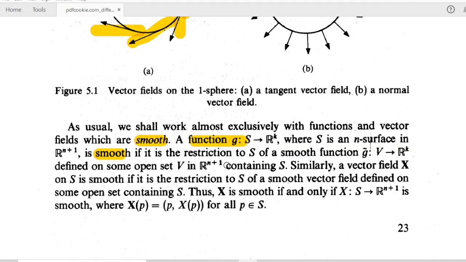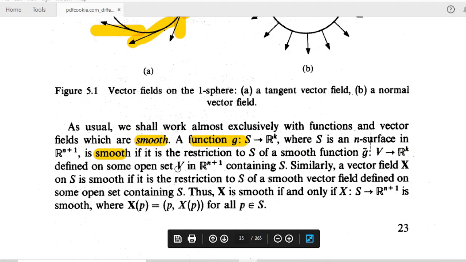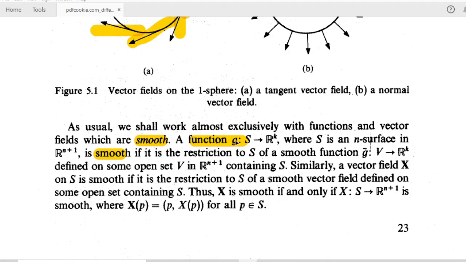It is smooth if it is a restriction to S of a smooth function defined on some open set V in R n plus 1 containing S. So simply speaking, g is a function on S and g is said to be smooth if g is the restriction of a smooth function g tilde. Okay, g tilde is already a smooth function defined on V, and ഇതിന്റെ ഒരു restriction is g, so we can say g is a smooth function on S.